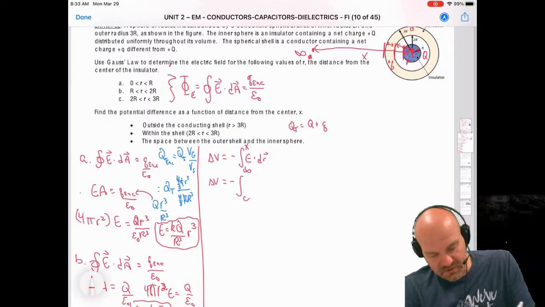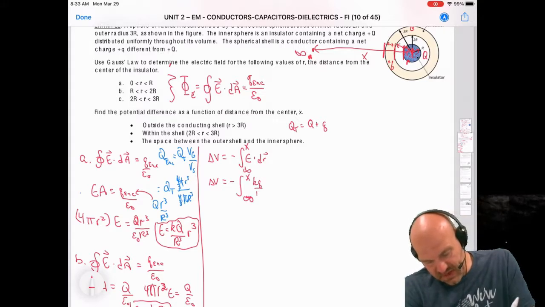And so when I do my potential difference, I'm going from infinity to x.